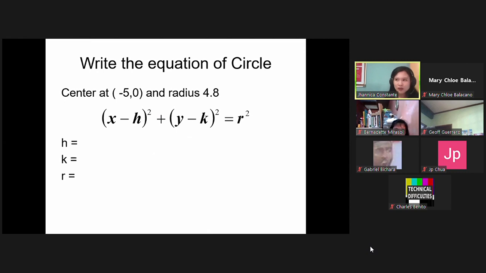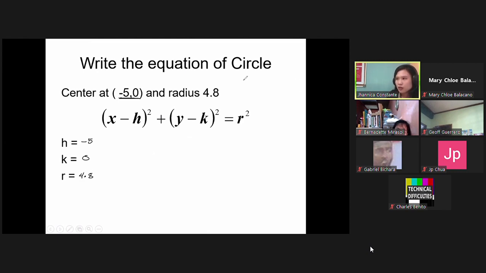Since the center is not at the origin of our Cartesian plane, we're going to use the second standard equation of the circle, which is (x - h)^2 + (y - k)^2 = r^2. Our h and k is the center of our circle, which is -5 for our h, 0 for our k, and the radius that is given, which is 4.8.